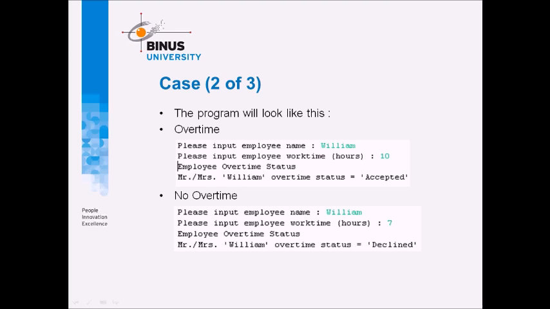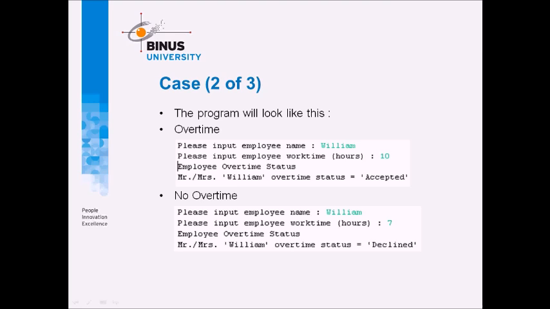So first the program will need the user to input the employee name, and then the program will ask the user to input the work time, and then it will show the overtime status. If the employee worked more than 8 hours, the message will be like this one: Mr. or Mrs. and the employee name, overtime status equals accepted.